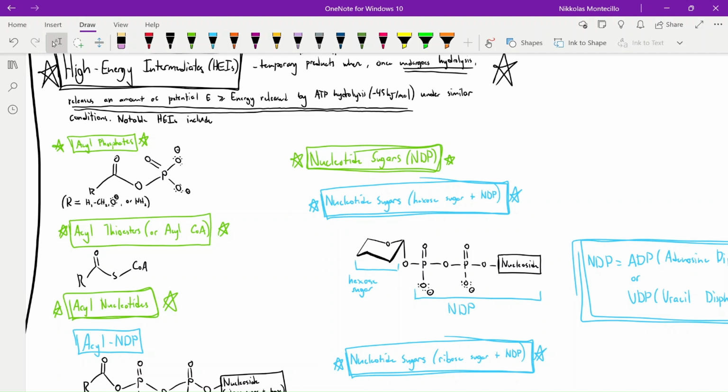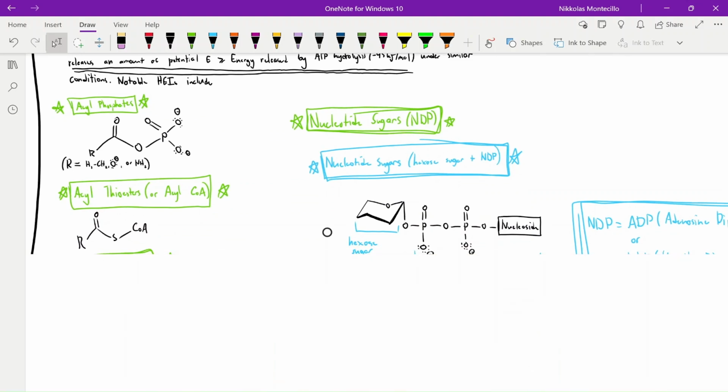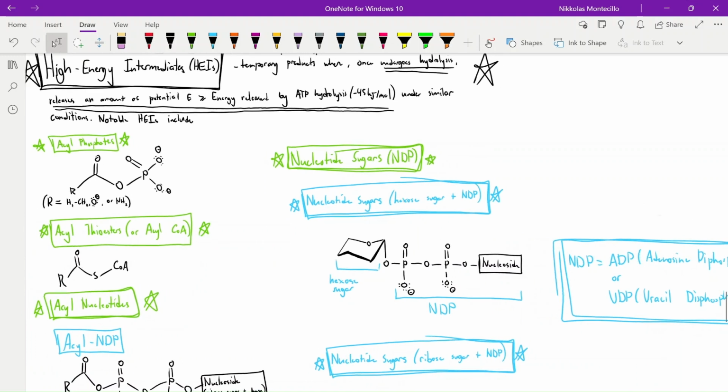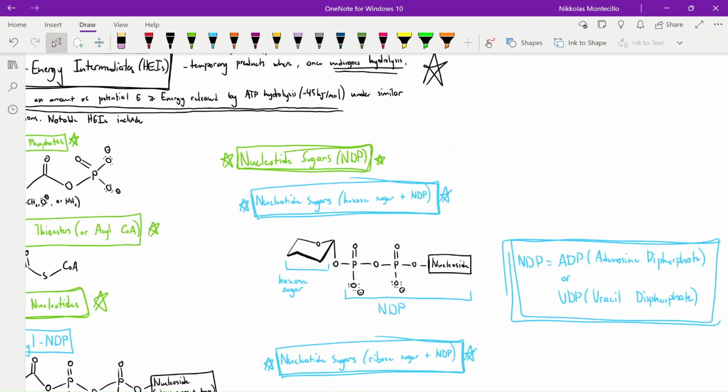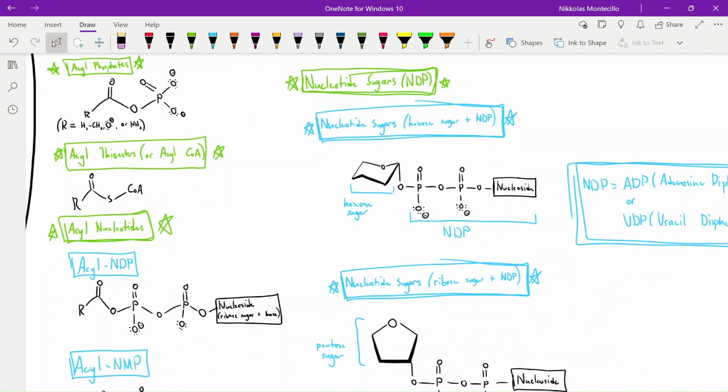Acyl thioesters are high energy intermediates, as we've shown before. Acyl nucleotides, so acyl NDP and acyl NMP.